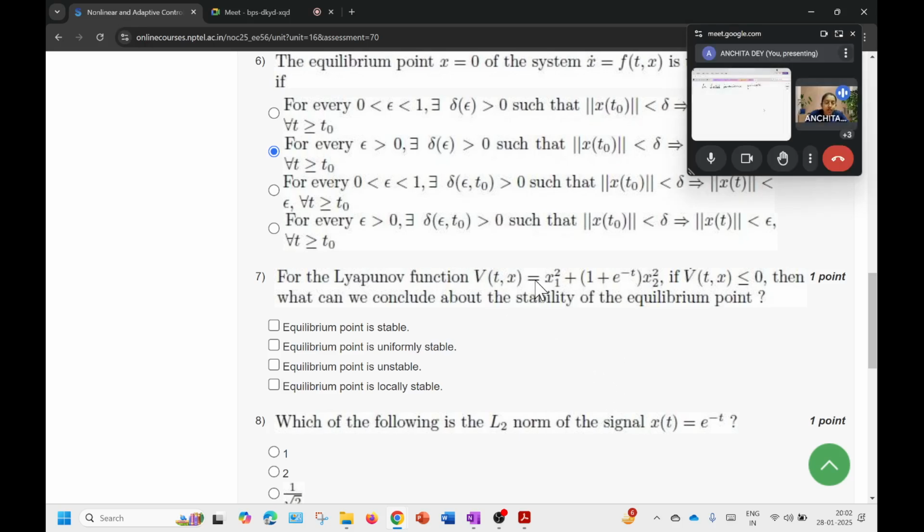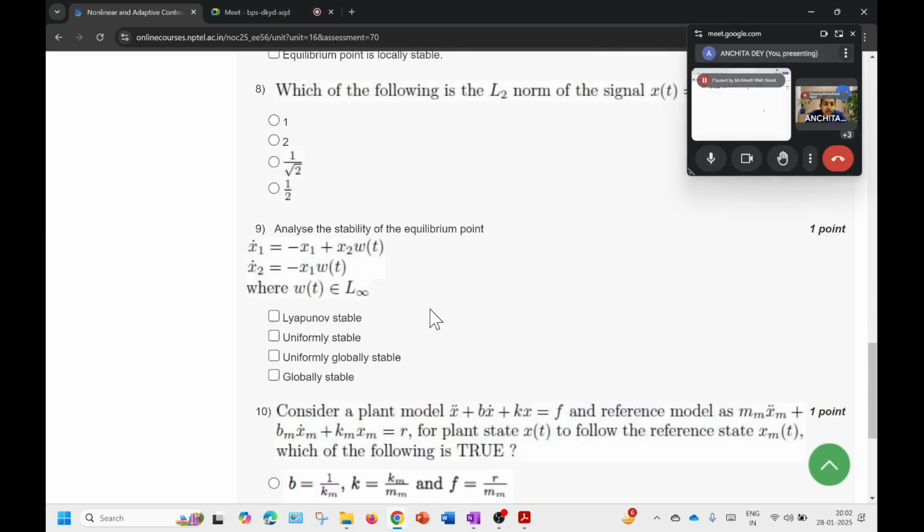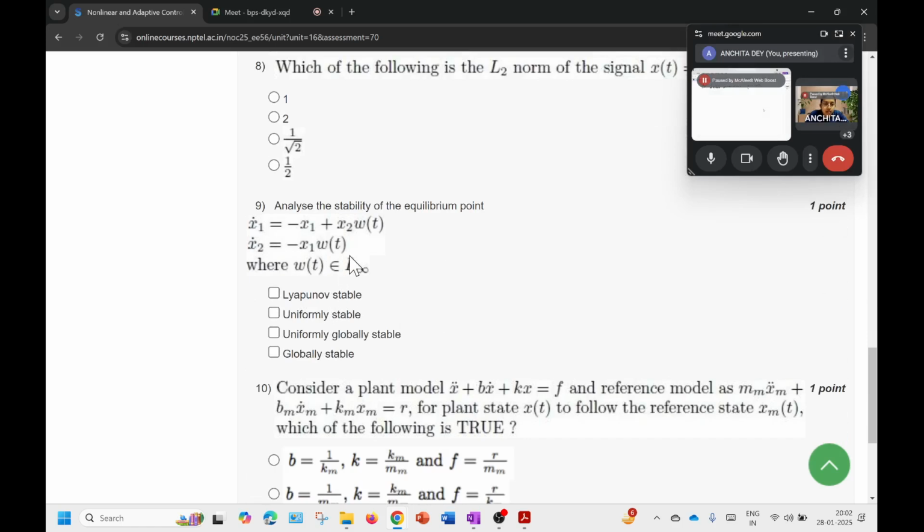I thought I will show it to you guys. I was going to do this briefly, but you can see here W is a time varying quantity, right? W is dependent on time. W is just some other signal, and it is shown to be L infinity, which means the signal is bounded. Now, is this an autonomous or a non-autonomous setup?